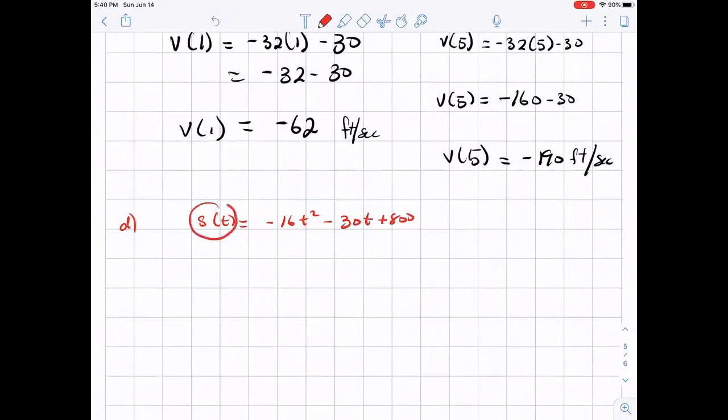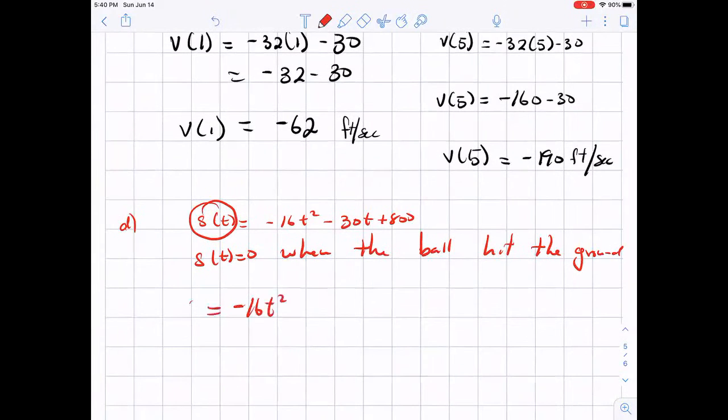Because the ball reached the ground, s of t is equal to 0 when the ball hits the ground. So 0 is equal to minus 16t squared minus 30t plus 800.